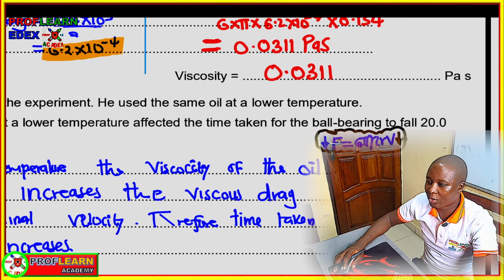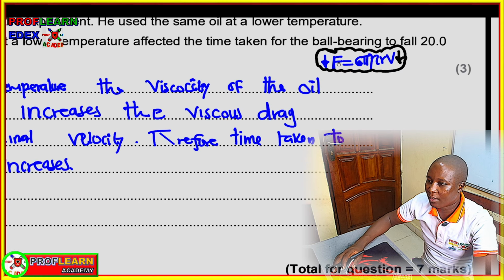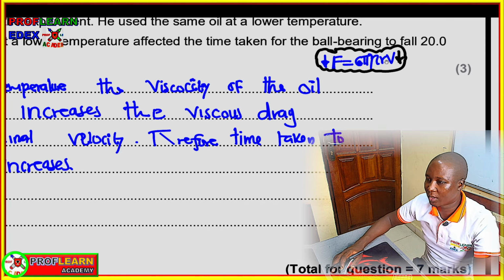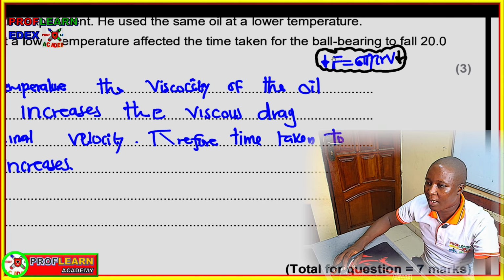This is Stokes' law. F is the drag experienced by an object, and the drag is equal to 6 pi times viscosity times r times terminal velocity. So meaning if F decreases, v will decrease.